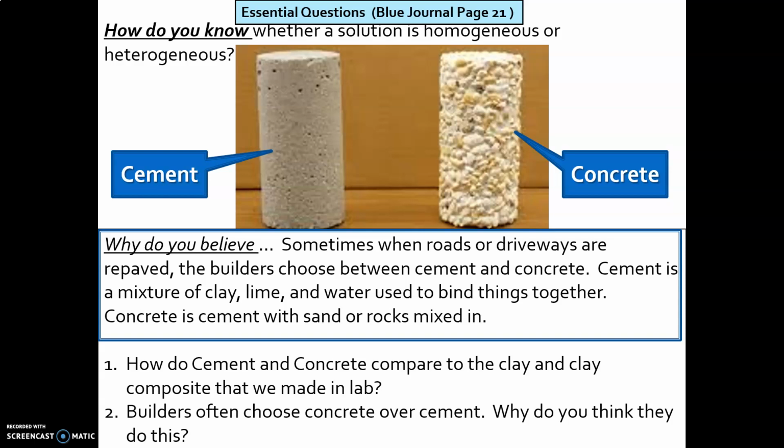It might not last as long, or be strong enough to withstand the weight of cars going over top of it, and withstanding some erosion as well. While if you paved your driveway with concrete, it will last longer. It will not take as much damage. It will be stronger than the cement would have been. So there are definitely some advantages to using the composite concrete over the homogeneous cement.